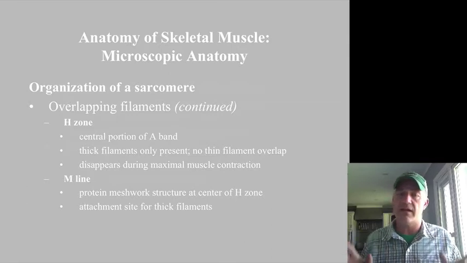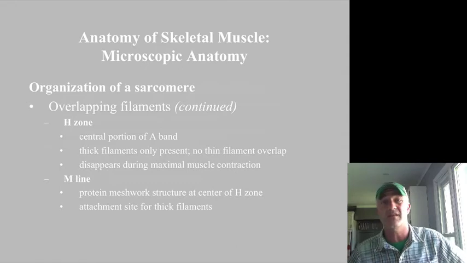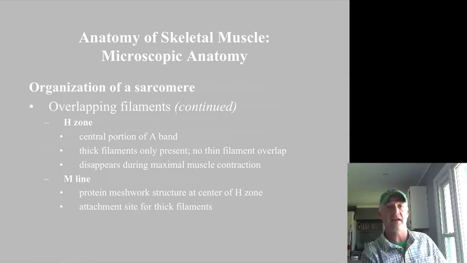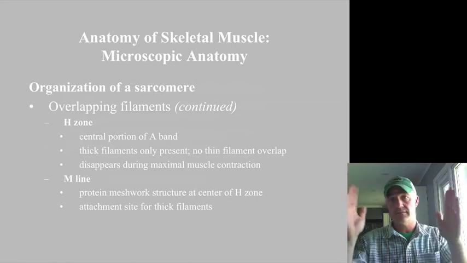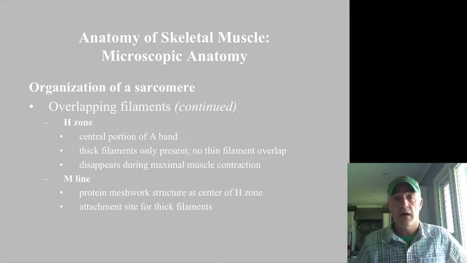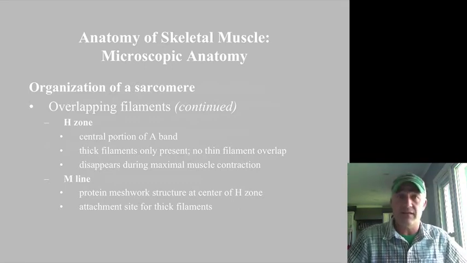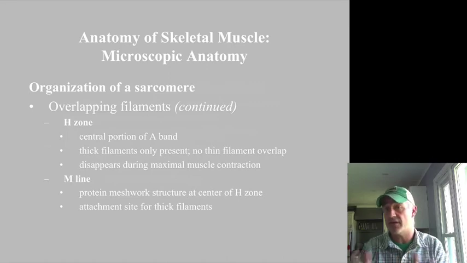With a lot of these, with these letters and stuff like that, I don't get real crazy on these. I want you to know I band and A band, and that Z lines are the end of this, are what delineates or defines what a sarcomere is. There are some of these other areas that they do name, and it starts to be a little bit much, but the H zone is that central portion of the A band where there's only thick filaments present. When the muscle is fully contracted, this completely disappears.